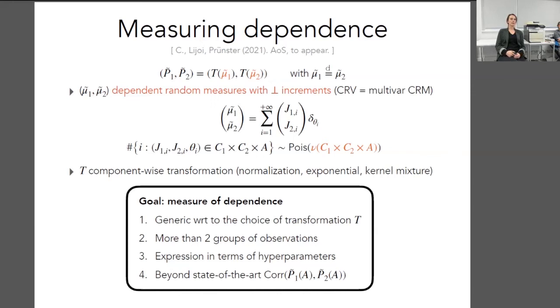And we wanted to find an expression of this measure of dependence in terms of the hyperparameters in the model, in such a way that we could use the measure of dependence to elicit these hyperparameters, so as to induce the right amount of dependence in our models. And of course, by doing so, we wanted to go beyond the current state of the art, which simply consists of measures of pairwise linear dependence.